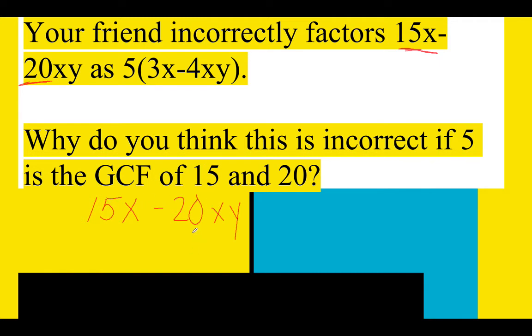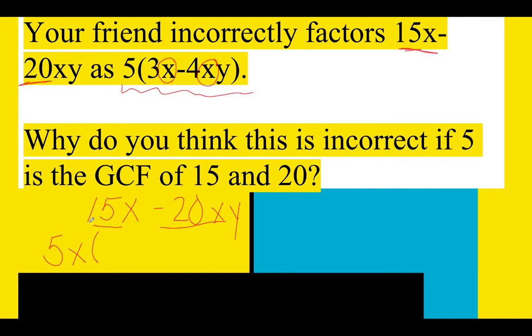What can be factored, right? It's not just the 5. Because if you were to do it like your friend did, you'll notice there's still something in common. There's still that x. We can absolutely factor that out. We could divide both of these terms by 5x.